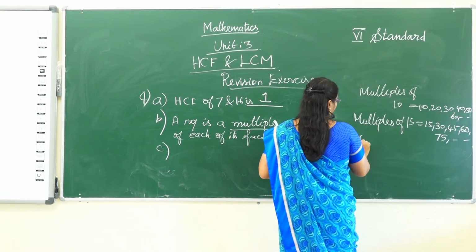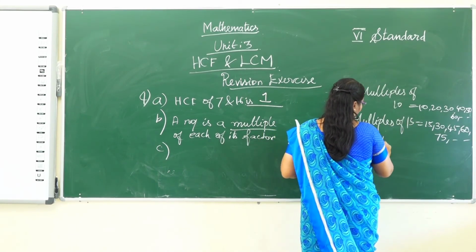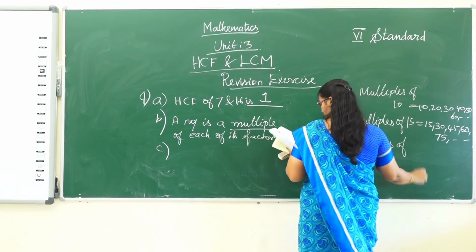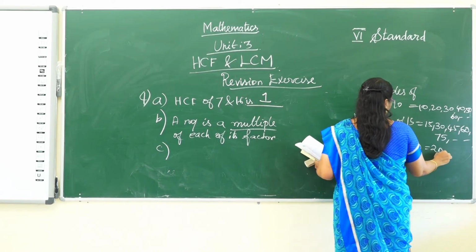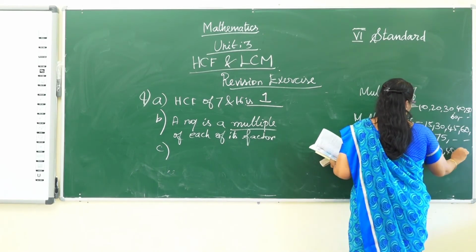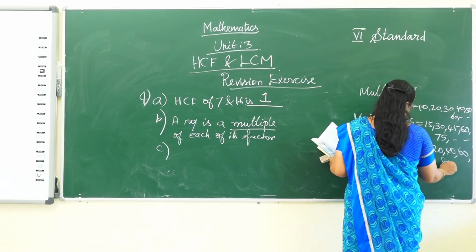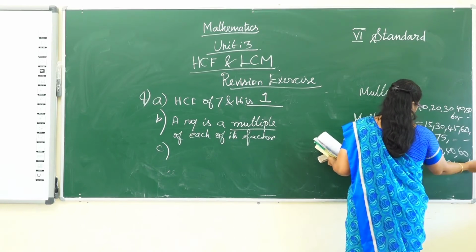And then the multiples of 20: 20, 40, 60, 80, 100, endlessly going.